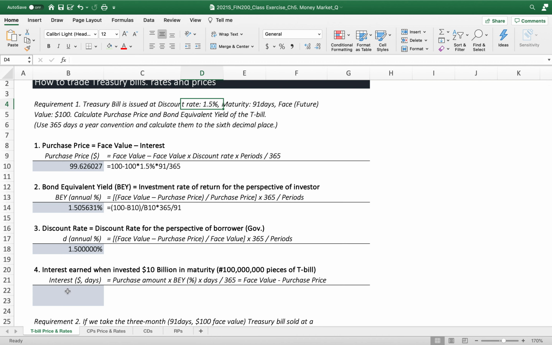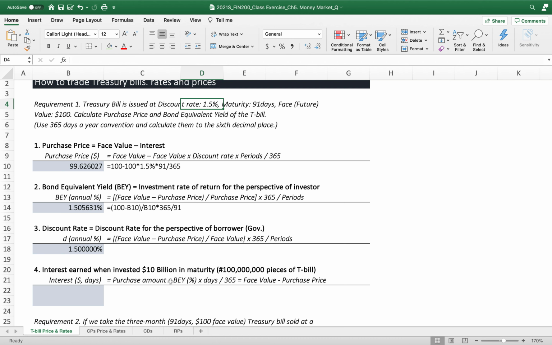Now, if we invest in this treasury bill that will receive $10 billion in 91 days, then how much would be the interest earned amount? We have two different ways, but the same result.